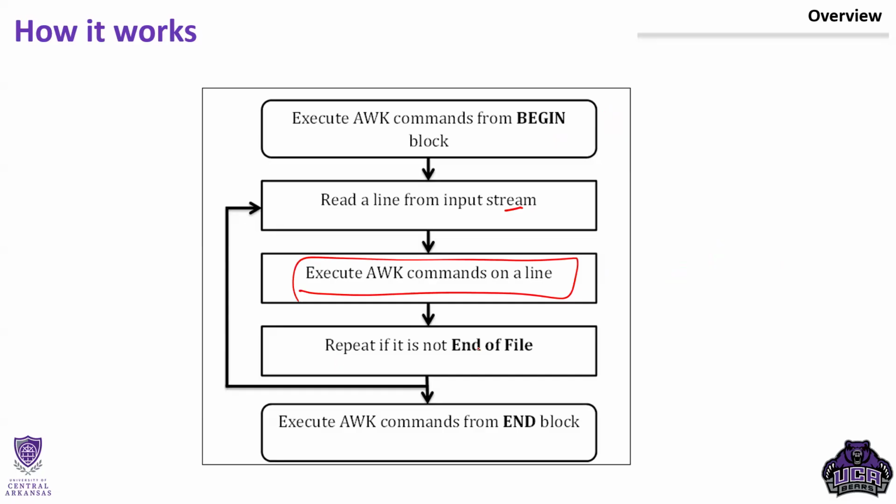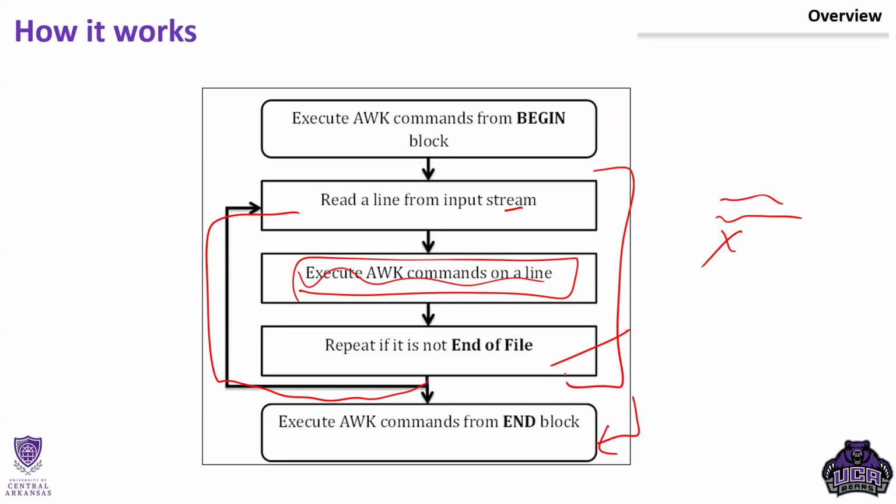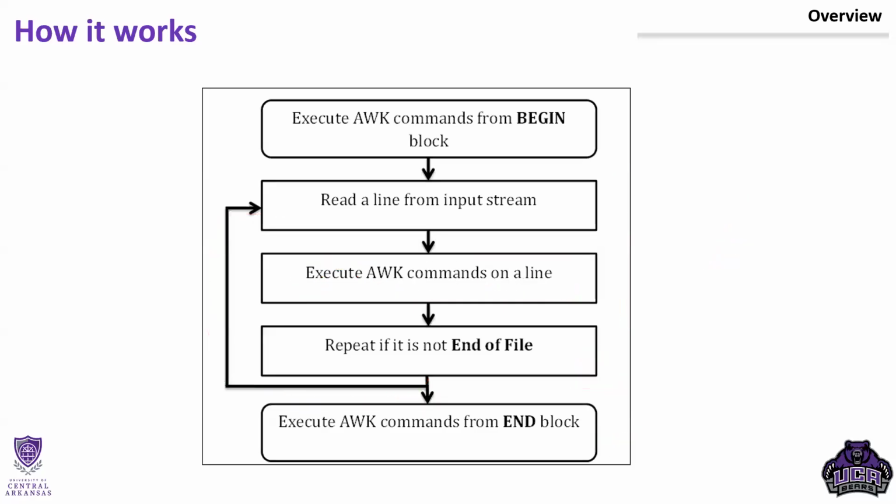If there's more to our source file, a second line, it simply goes back up and reruns our code again, until it hits the point where there's no new line, which is the end of file. Then it moves to the end block, and this is where we do a lot of our summary data. Everything we've learned from here, we probably do some type of calculations and then summarize all that.